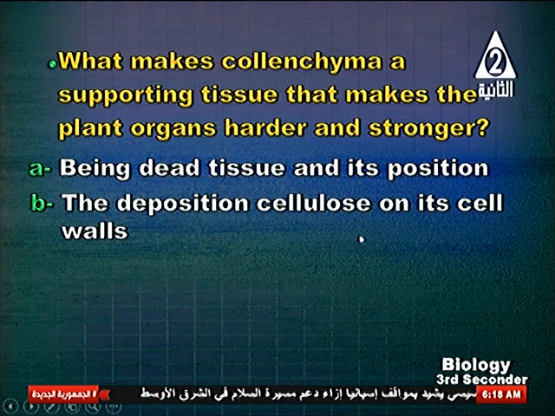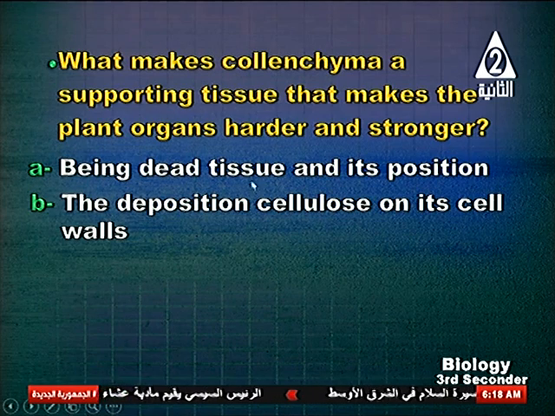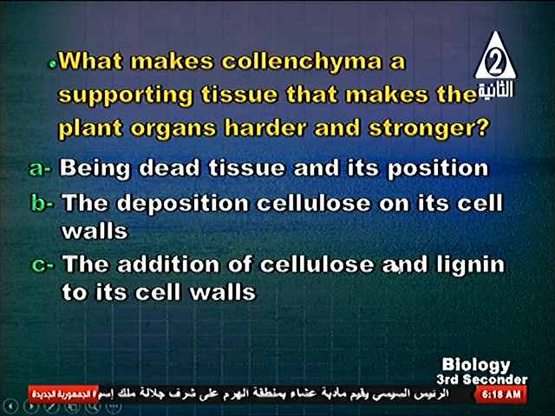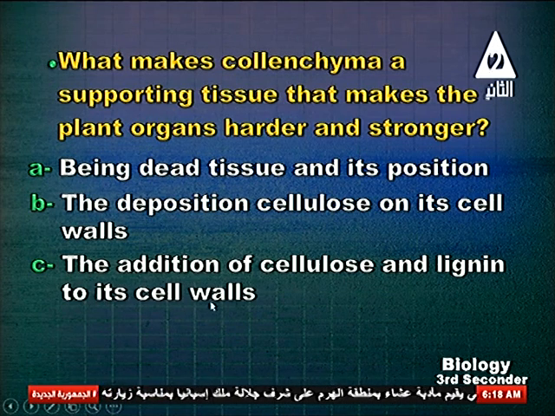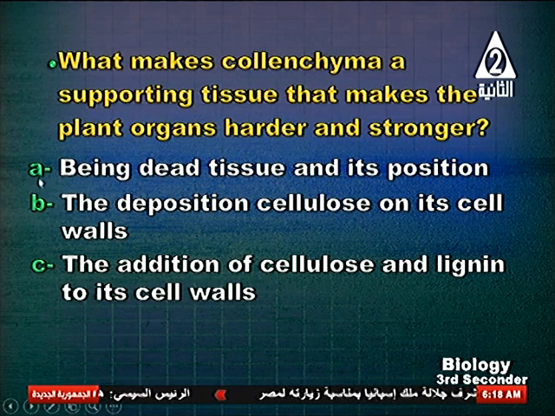B, the deposition of cellulose on its wall, it is a good answer, but let's see the other answers. C, the addition of cellulose and lignin on its cell wall. Collenchyma has no lignin, so it is wrong.